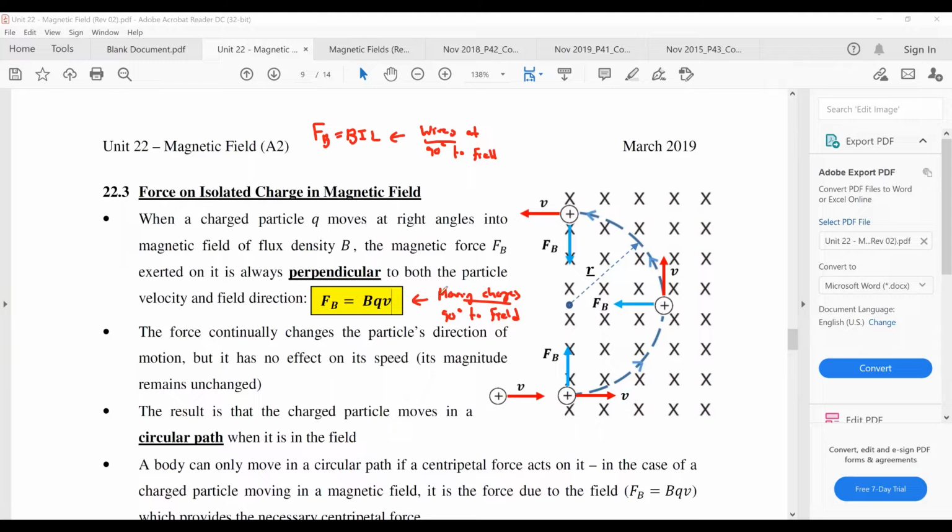Now for the case of a charge that is moving perpendicular to the magnetic field, it will always be moving in a circular path. Because of this, when you're talking about something moving in a circle, this one is from the first chapter of your A2.